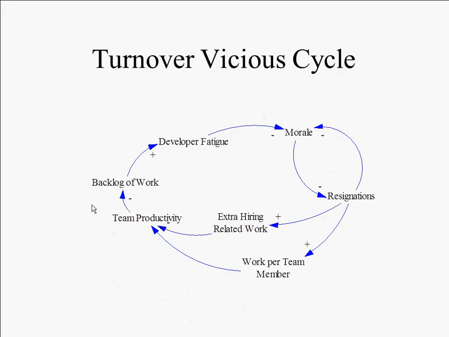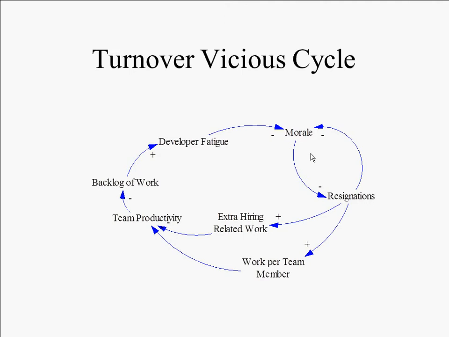Okay, so here's some loops on the left-hand side, and then there's a loop on the right-hand side, and something like morale is common to both loops. One positive and one negative. So here we have these are both. So you can tell me. First of all, is this a positive or negative feedback loop?